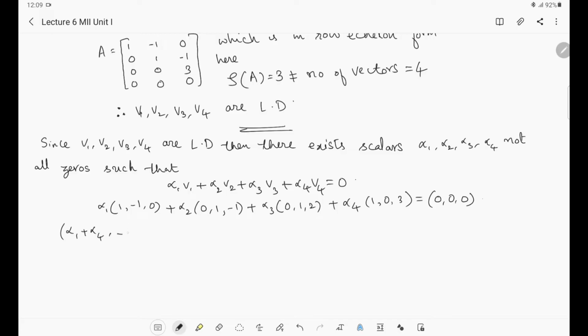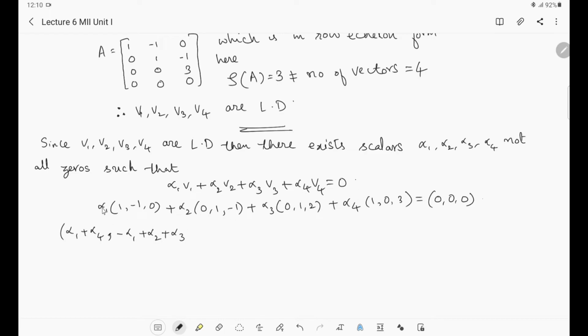Then the second coordinate will be minus alpha 1, because alpha 1 multiplied with minus 1 gives minus alpha 1, plus alpha 2 into 1, which is alpha 2, plus alpha 3 into 1, so alpha 3, plus alpha 4 into 0, which becomes 0.